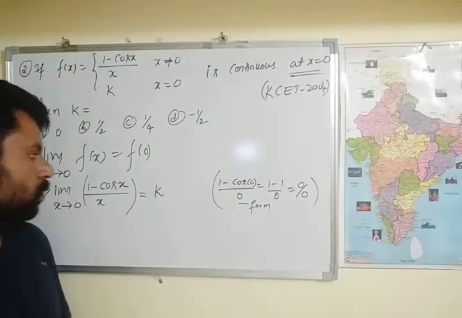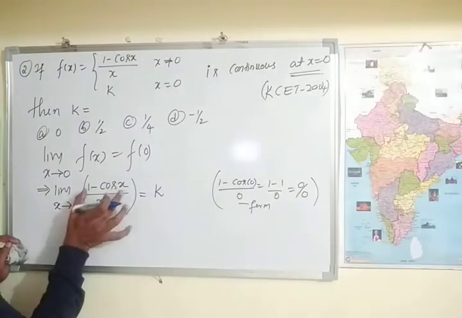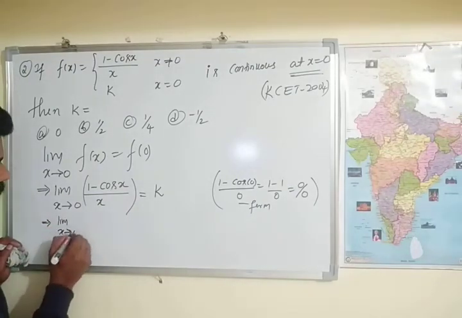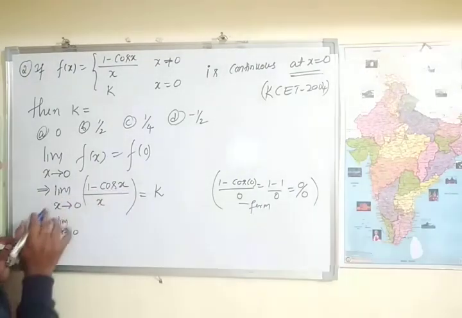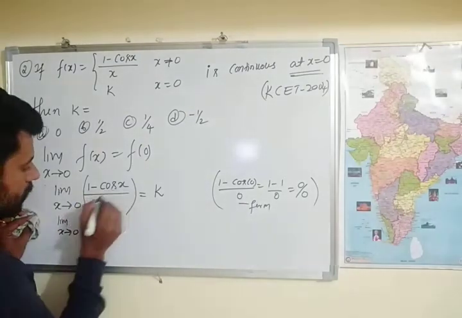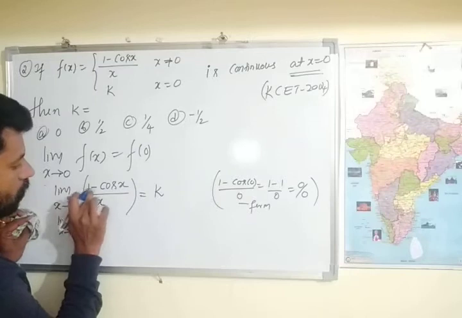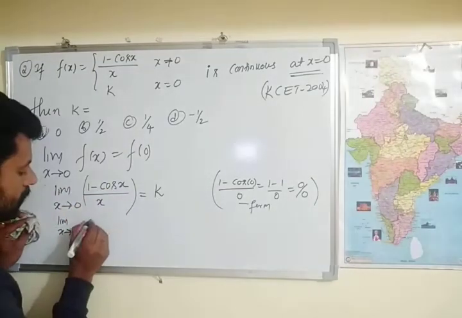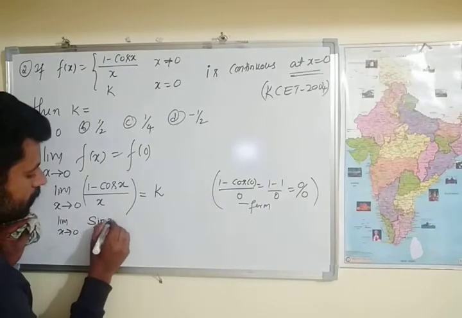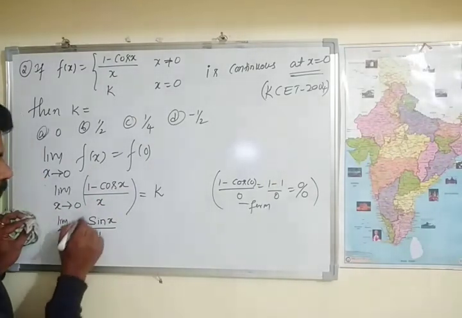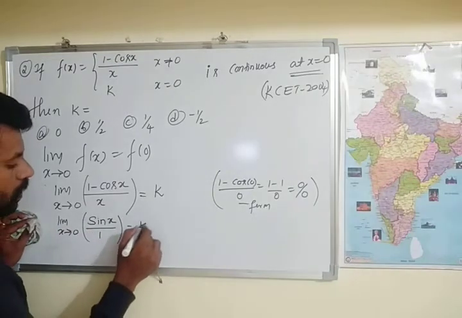L'Hospital rule states the derivative of the numerator over the derivative of the denominator. This implies limit x tends to 0, derivative of the numerator 1 minus cos x. The derivative of 1, a constant term, is 0. The derivative of cos x is minus sin x. Minus into minus gives plus sin x, divided by the derivative of x, which is 1, is equals to k.